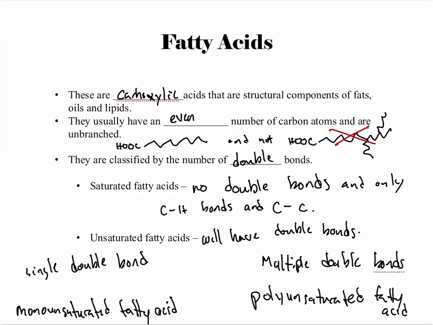And what you'll find is that just based off of the degree of saturation or unsaturation of the fatty acid, that'll change the physical properties by quite a bit. And it's something that you see every day, or potentially every day, depending on how much you cook. Right, so an unsaturated fatty acid is going to have double bonds in there.